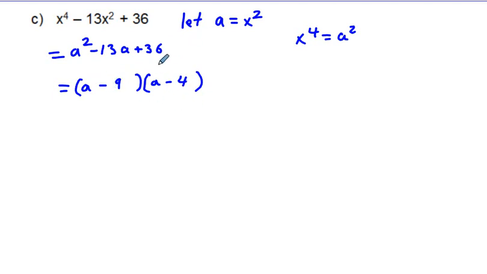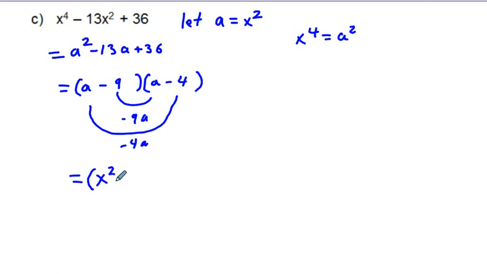So now we'll have negative 9a, and down here negative 4a, which together add up to be negative 13a. So substituting back our a in for x squared, we're going to have x squared minus 9 times quantity x squared minus 4.